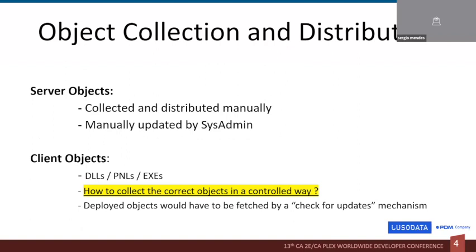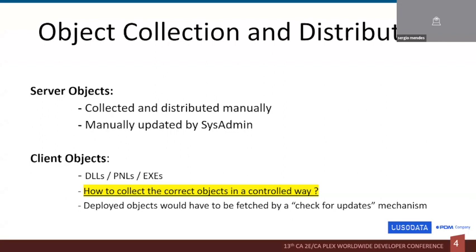These server objects were collected after they were built, and distributed manually. We used save files and FTP to have them deployed and installed by the system administrator at the remote locations.